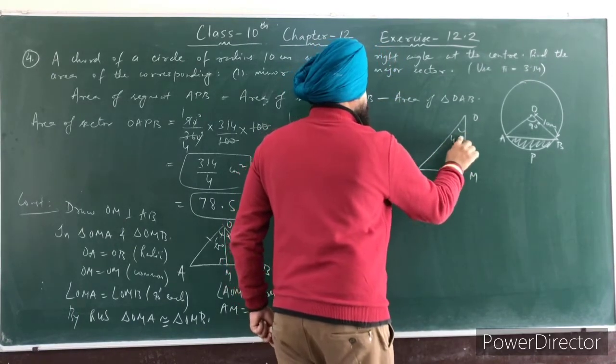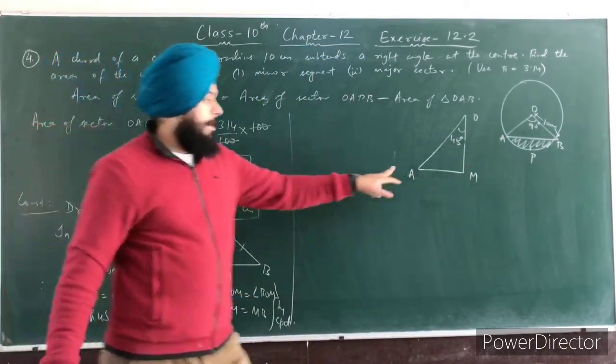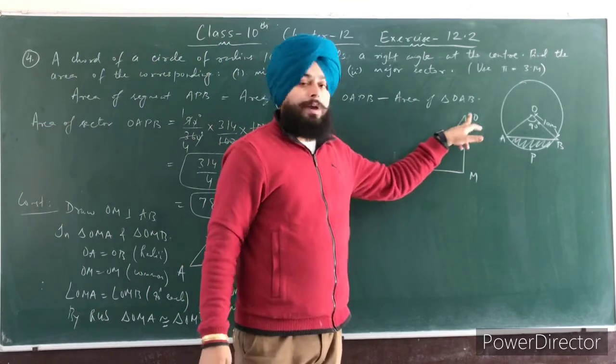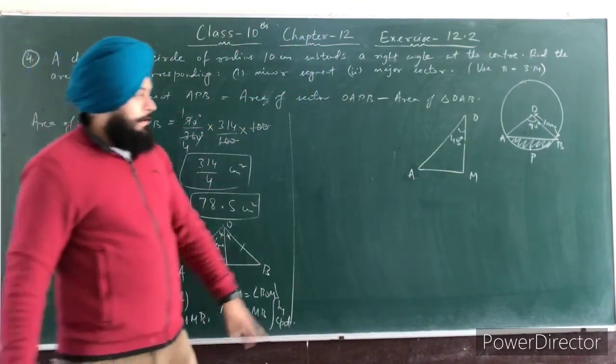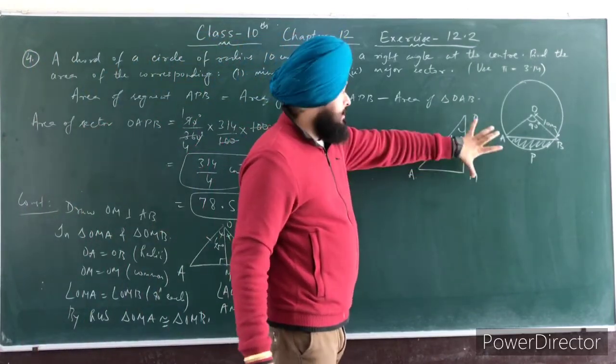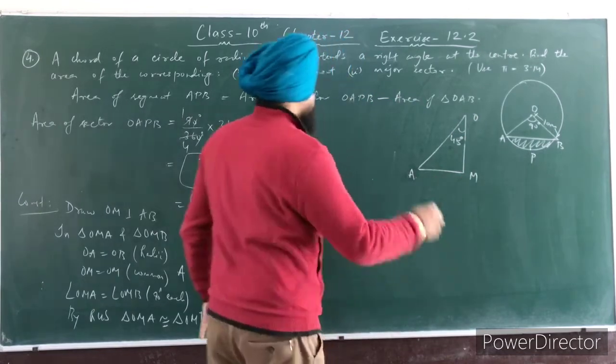Draw triangle AOM separately, in which the measure of angle AOM is 45°. If this is theta, this is the base, this is the hypotenuse, and this is the perpendicular.